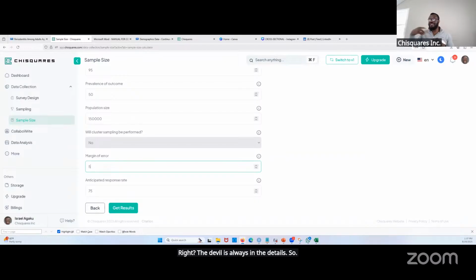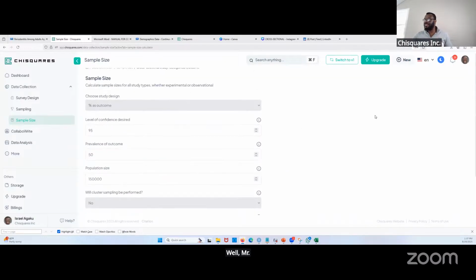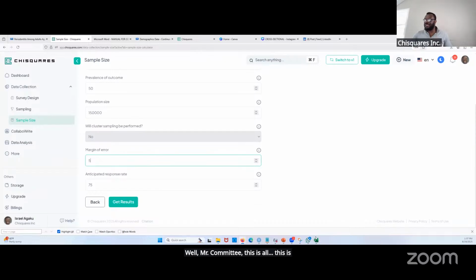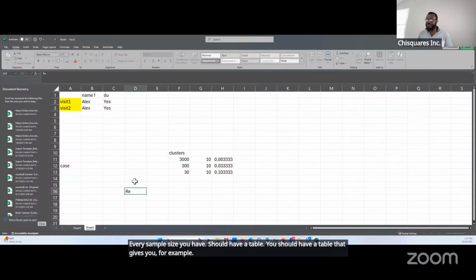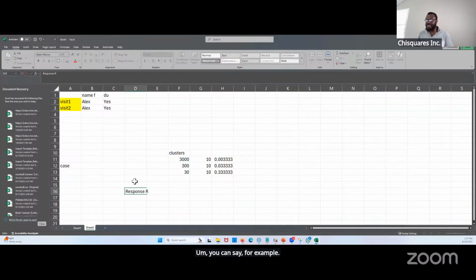So it's not enough for you to say, well, Mr. Committee, this is what I calculated. Every sample size you have should have a table. You should have a table that gives you, for example, response rate, margin of error, and then you have calculation 1, calculation 2, calculation 3, and so on.